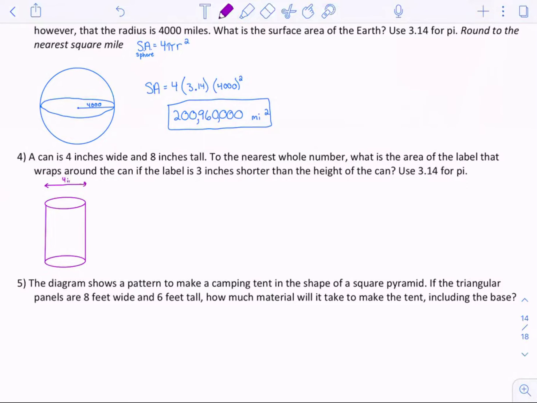Look at Miss Murphy already thinking ahead, huh? And our height is 8. To the nearest whole number, so no decimals in our answer, what is the area of the label that wraps around the can if the label is 3 inches shorter than the height of the can?